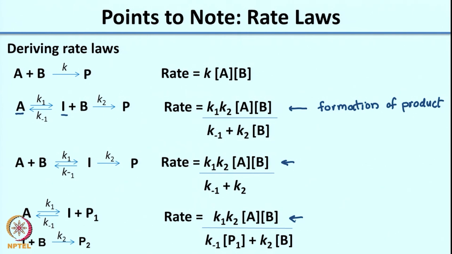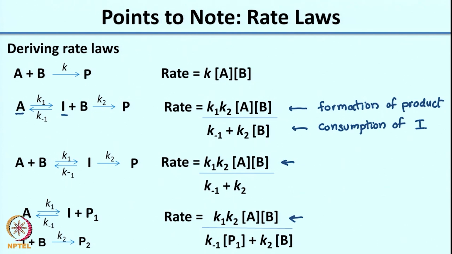So, in this case you have k minus 1 plus k2 B. So, this essentially comes from consumption of the intermediate. You can see the same in all cases.